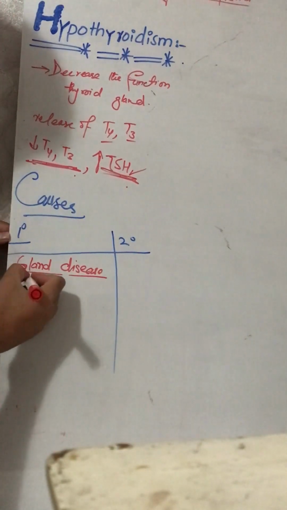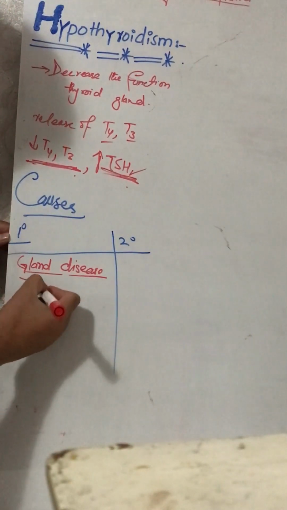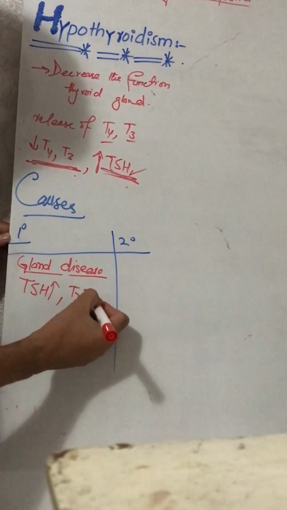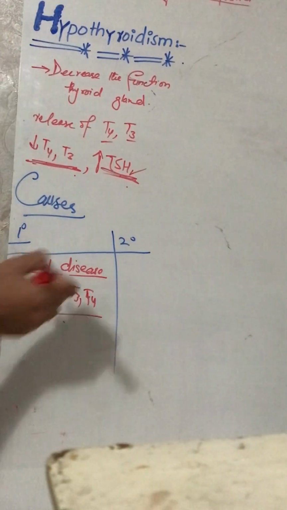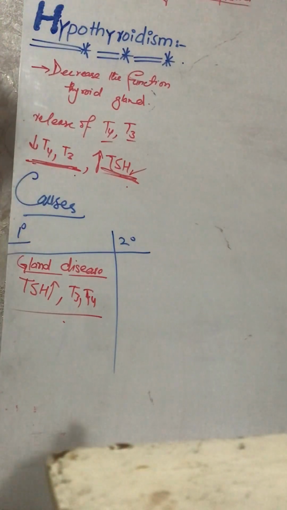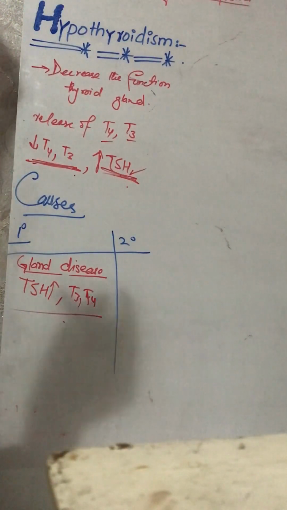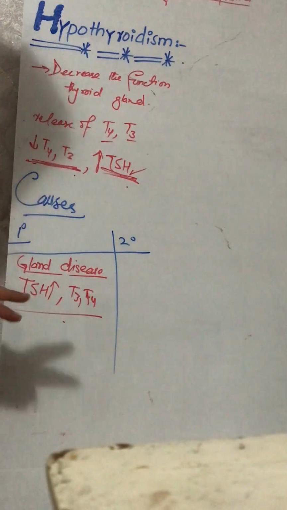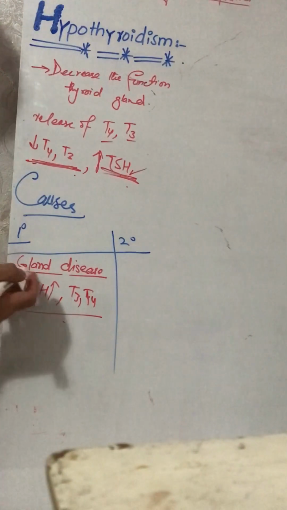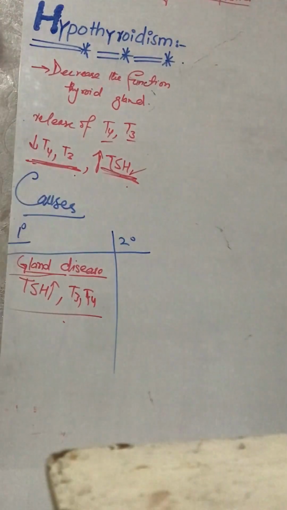So the TSH will increase and T3 T4 will decrease in the blood, and this will be mostly gland disease. Primary means that the defect is at the primary location, in the T3 T4 secretion from the thyroid gland. So thyroid gland defect is the primary cause.